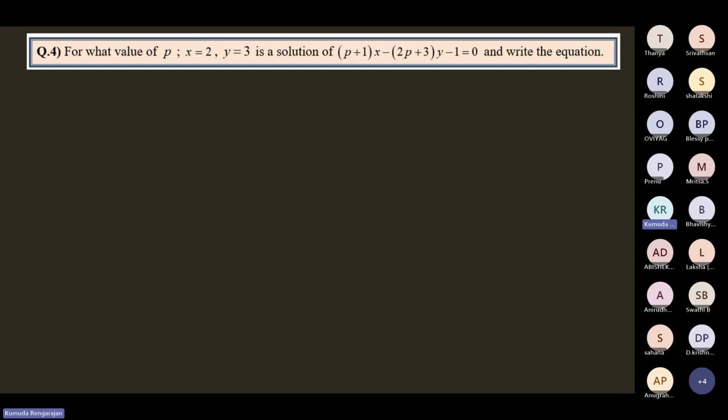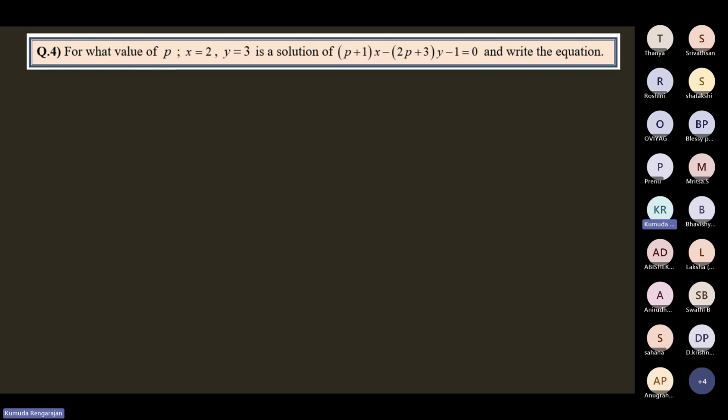So you have an equation, and one solution for this equation is given to you. Why am I saying one solution? Because it's an equation in X and Y. That means it has infinitely many solutions.